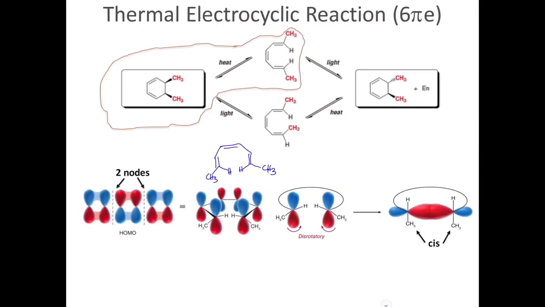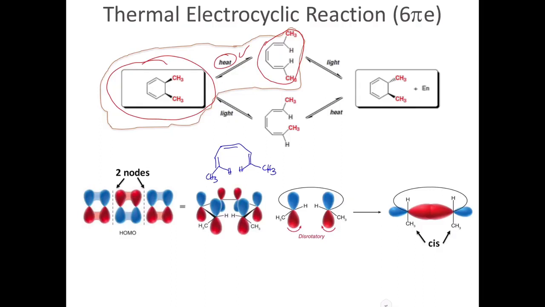Let us look at this reaction, assuming we want to predict the outcome, which is this product here, when we use heat. How do we achieve that? Okay? What I want you to do is identify how many atoms are involved in the transition state.